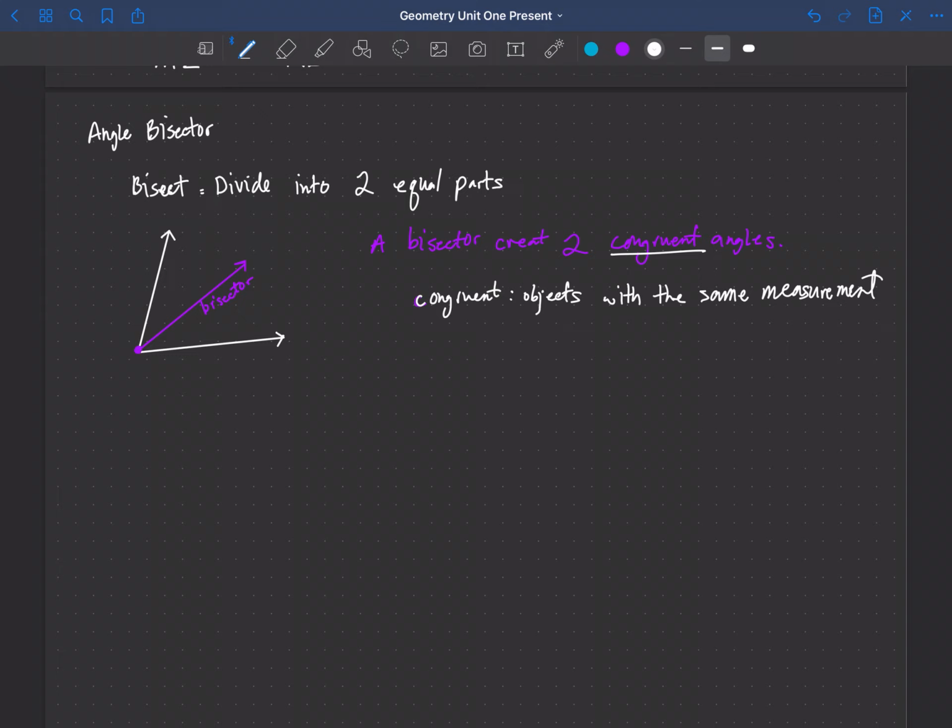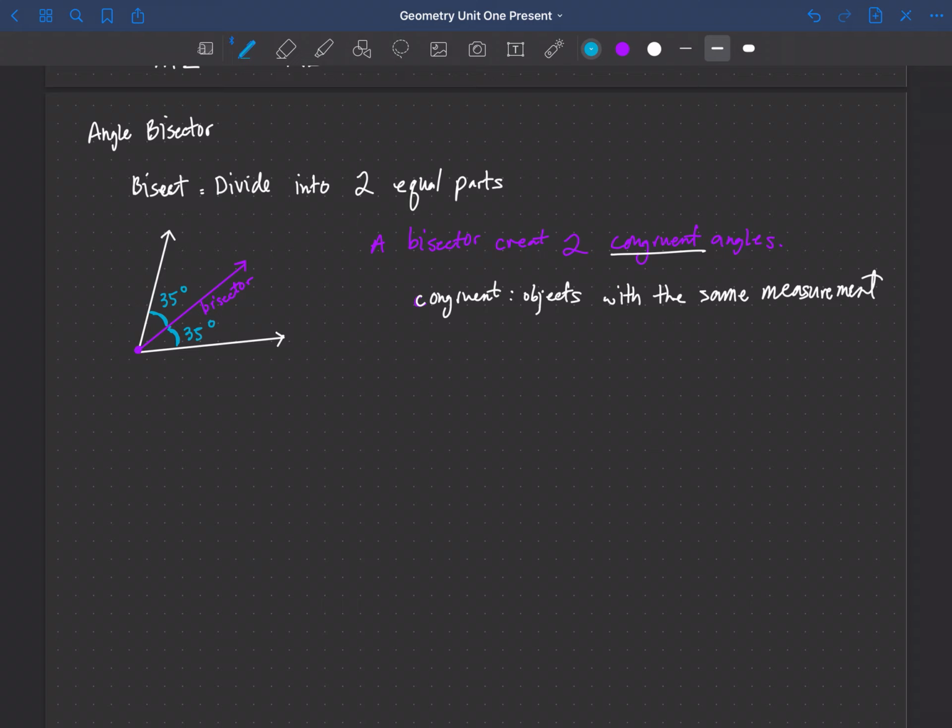Okay. So that means our two angles are going to be congruent by this angle bisector. So the two angles labeled would be congruent. So let's say this was 35 degrees, the other one would also have to be 35 degrees. Okay.